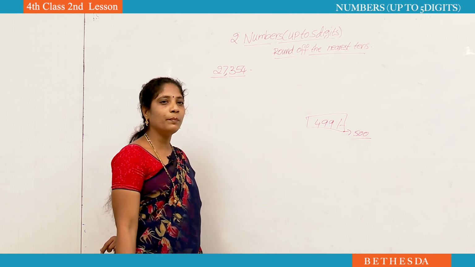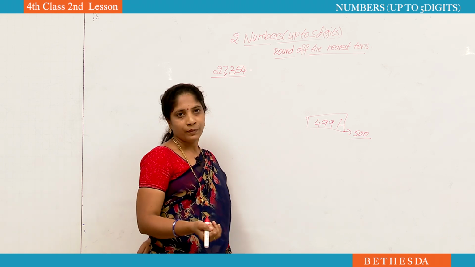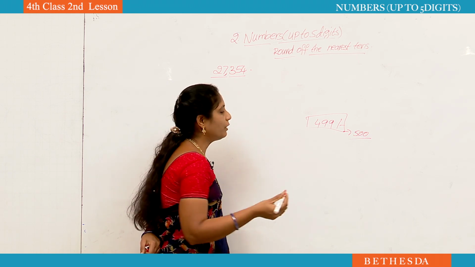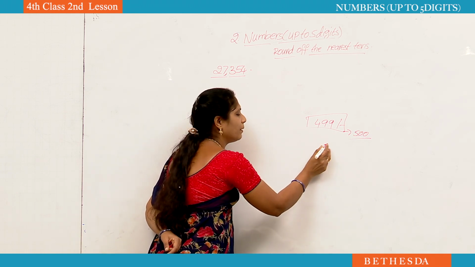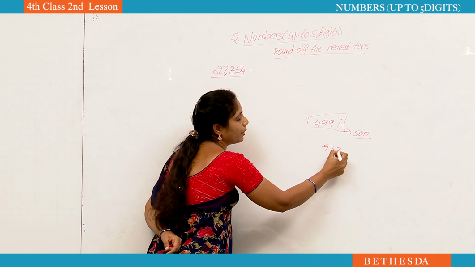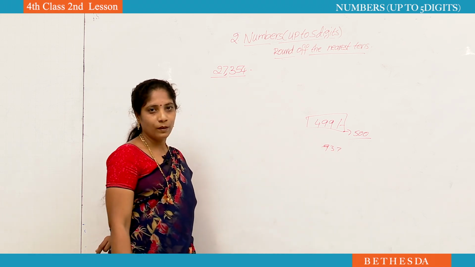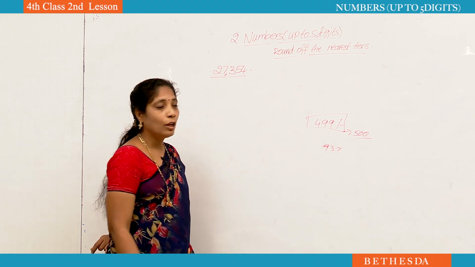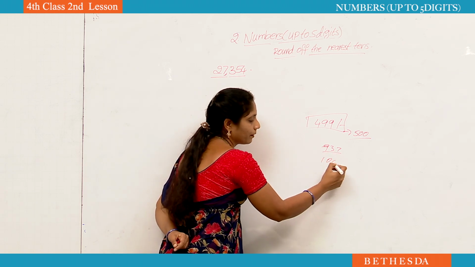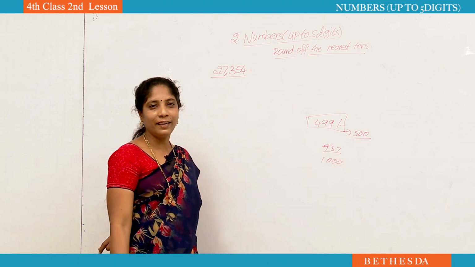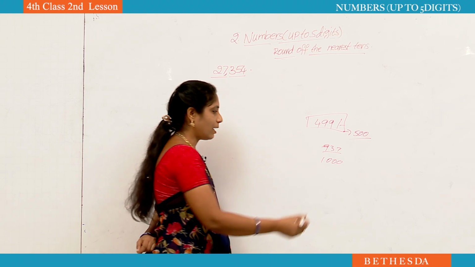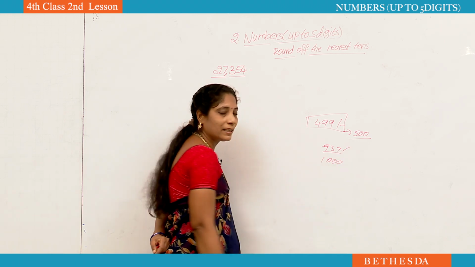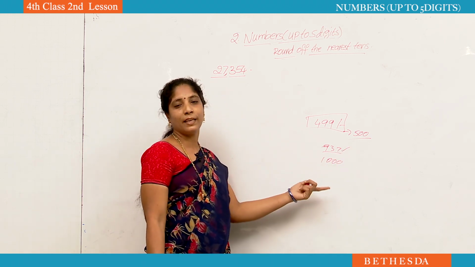Okay, your father bought a cake or anything. Maybe the cost of the cake is 937 rupees, like that. But he will say to you 1000 rupees. Is he lying? No. The exact cost is 937 only. But why will he say 1000?